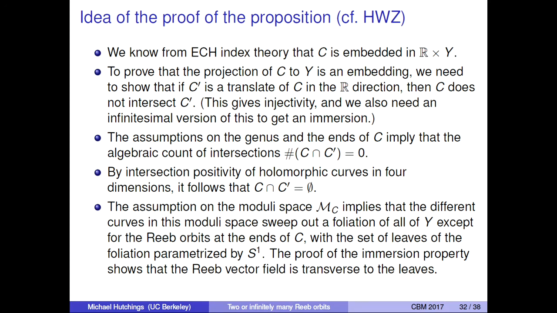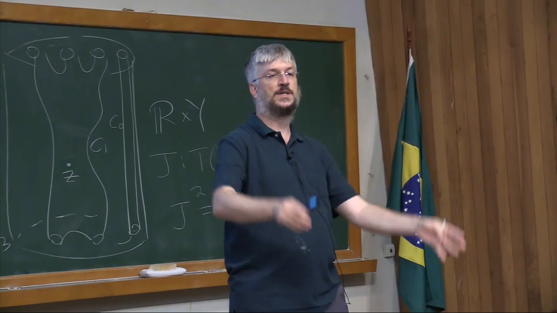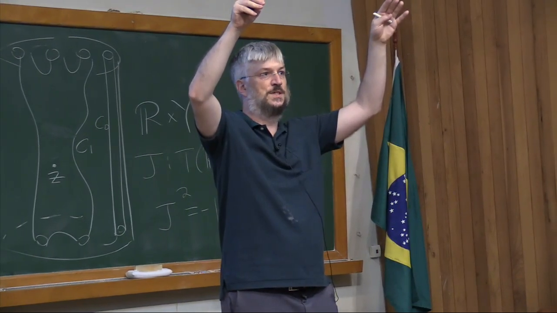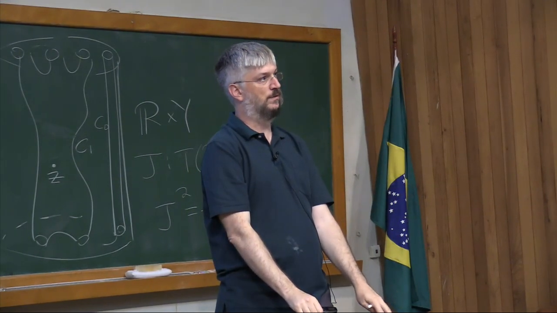To prove that, you want to show that if you take the curve and translate it in the R direction, then what you get is disjoint. That's equivalent to saying that the projection is injective.